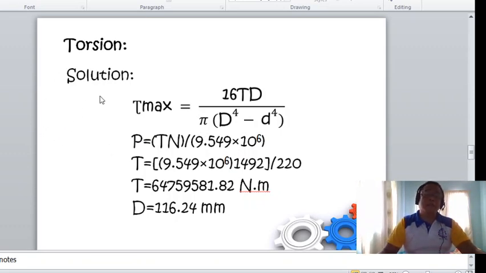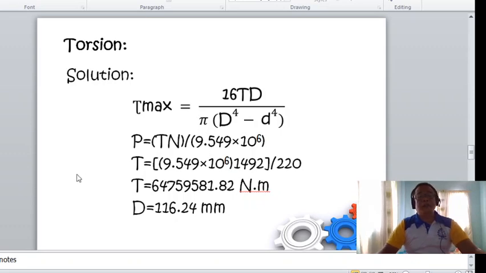Anyway, this is only a conversion. So, do not be misled by this constant at the denominator. But anyway, the power is defined in terms of power equals 2 pi Tn over 60. Okay? So, just use that equation.